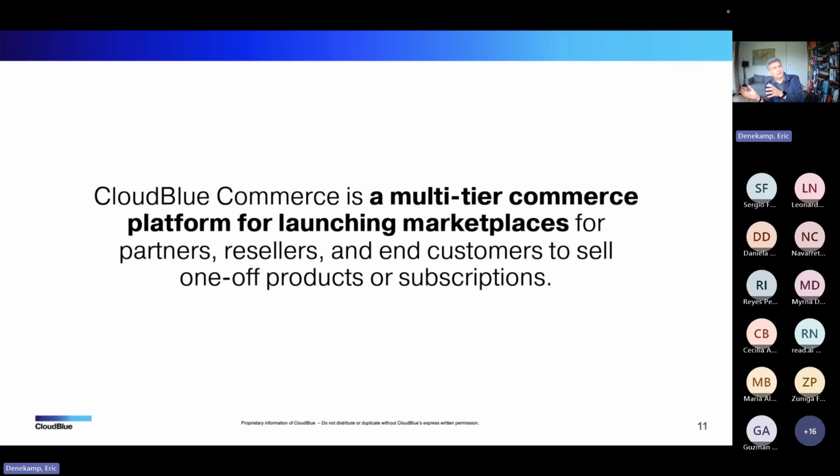What that reseller can do now is create a product in the platform.